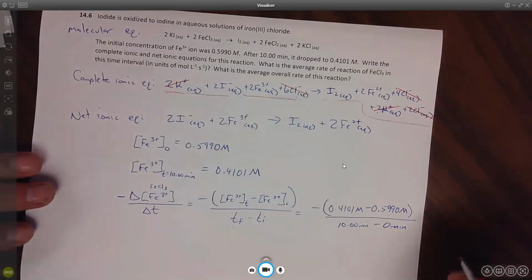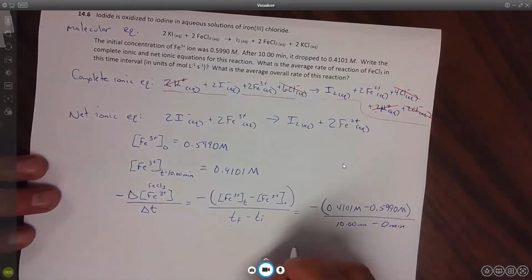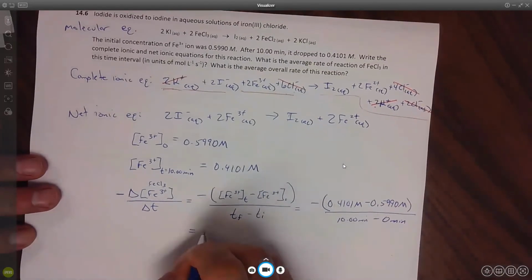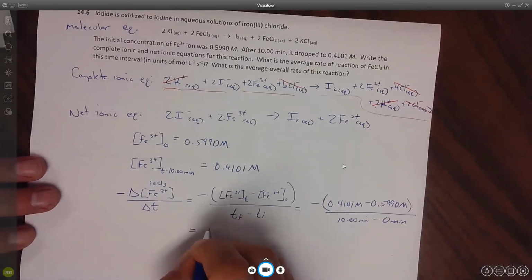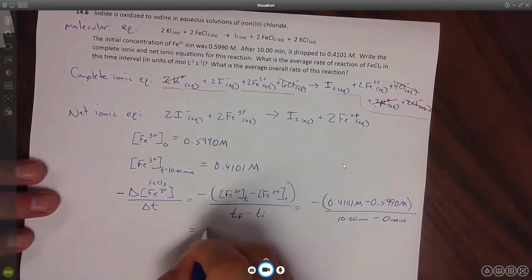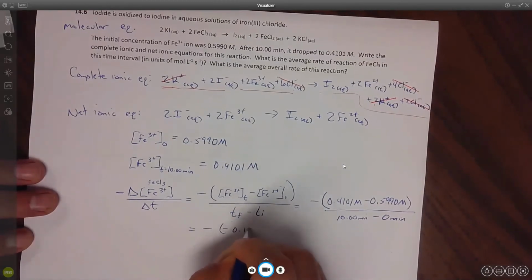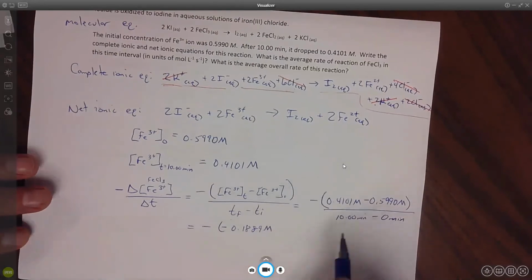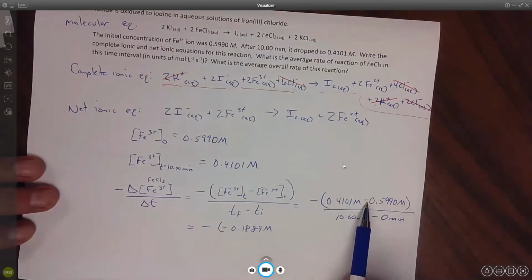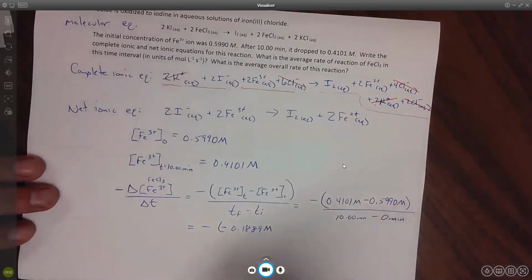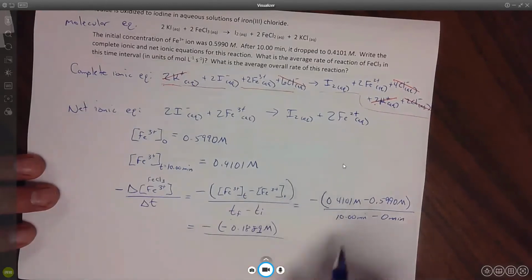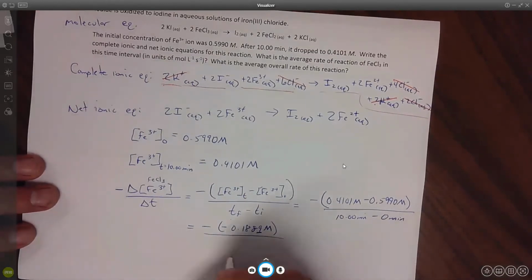Basically you plug that into your calculator and you get negative, and then this is going to be negative 0.1889 molar. Now we're subtracting, so it's the significant number of decimal places. There's 1, 2, 3, 4 here, 1, 2, 3, 4 here, so it'll be 1, 2, 3, 4. And again, the 0 minutes is exact, so it's just going to be 10 minutes.